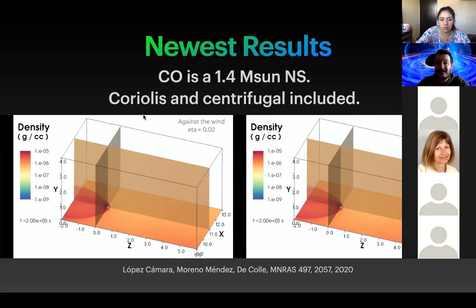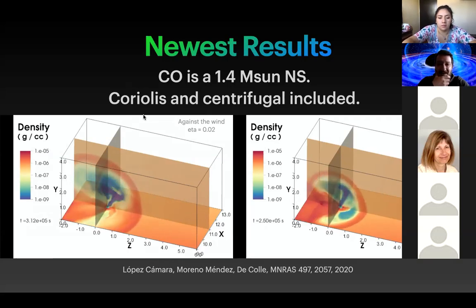Other things which we had not included in our models before were Coriolis and centrifugal forces, so we decided to include those, especially because we were interested no longer just in the accretion, but in whether you could form an accretion disk to produce the jet. I mean, we were supposing they were formed, but we had not tried to analyze whether this was the case.